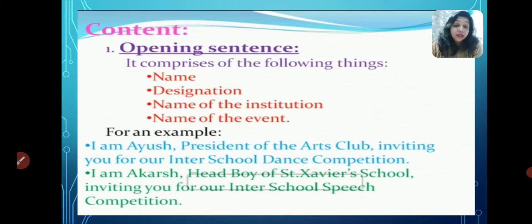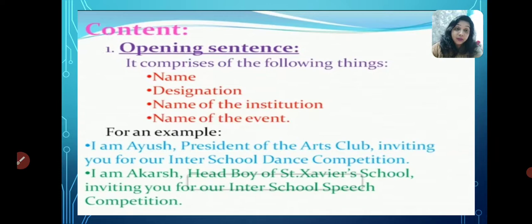For example, here you can see opening sentence examples. I am Ayush, president of the Arts Club, inviting you for our inter-school dance competition. Here the name is Ayush, and president of the arts club shows the designation. Then you write the purpose, the name of the event: inter-school dance competition.